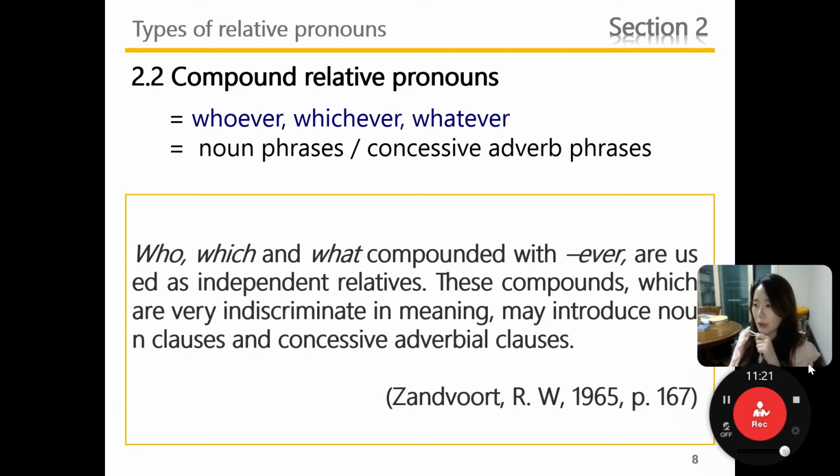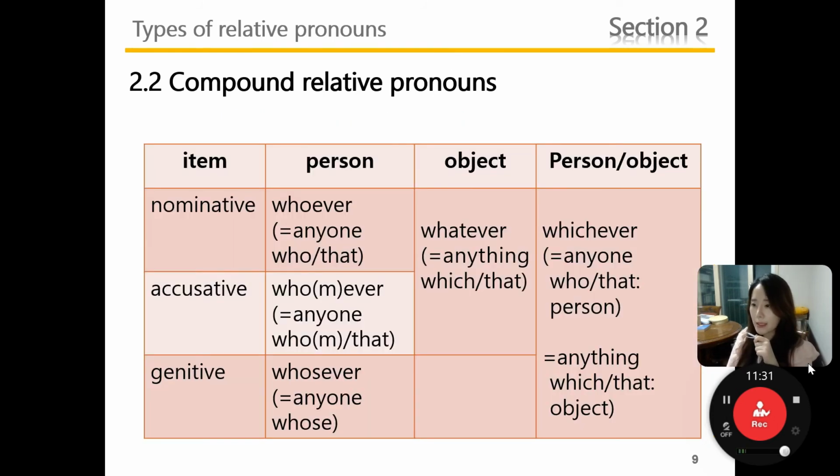But usually they introduce noun phrases or consecutive adverb phrases. As presented on the PPT, whoever changes in form into whoever or whomever, depending on the case. In a sentence, a noun can occur immediately after whatever or whichever, and they serve as the compound relative adjective.